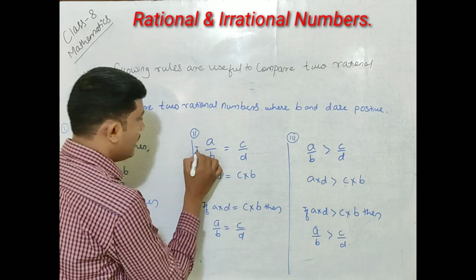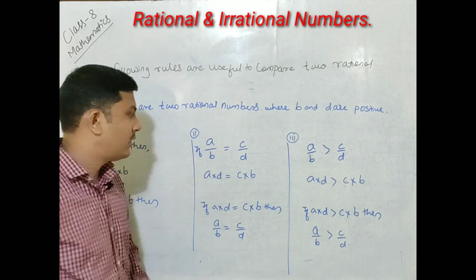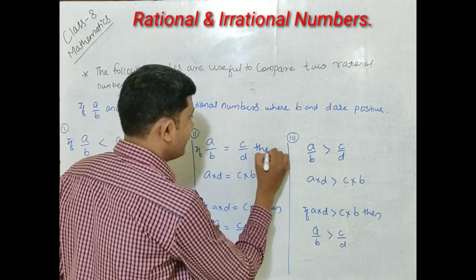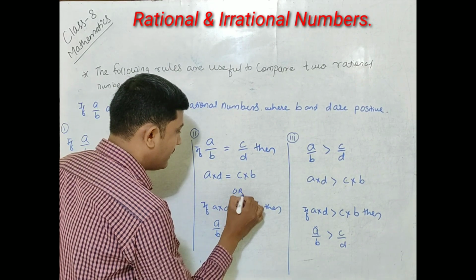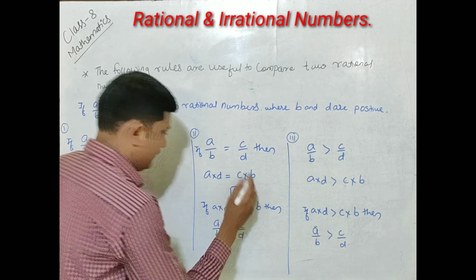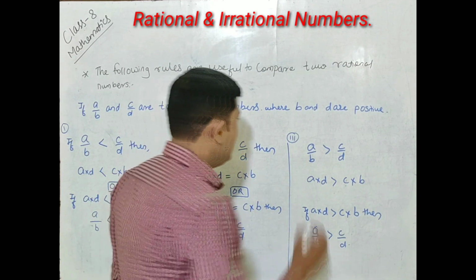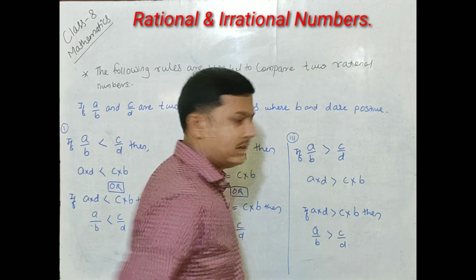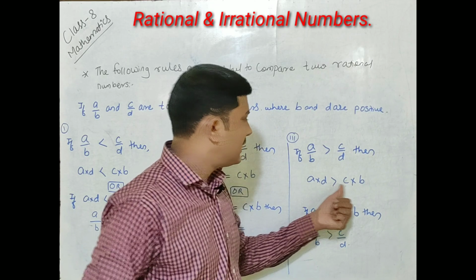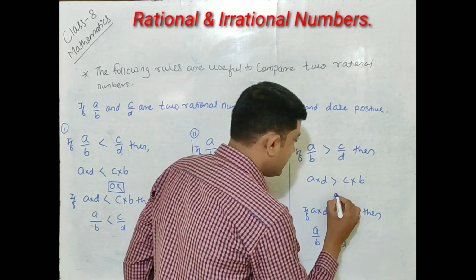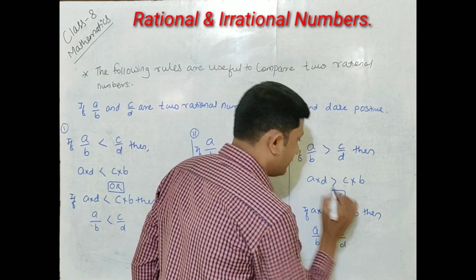In the same way, if a upon b is equal to c upon d, then a into d is equal to c into b. This is again supplementary to this downside. If a upon b is greater than c upon d, then a into d is greater than c into b. This is again supplementary to this property.